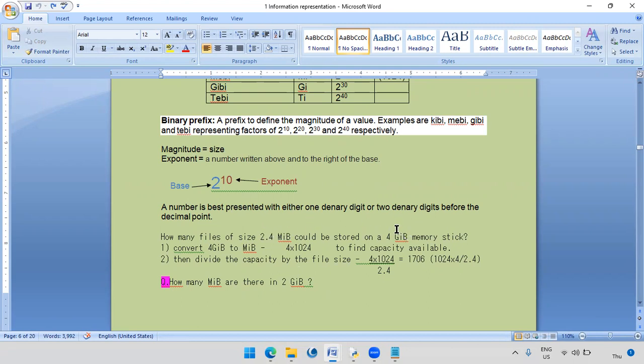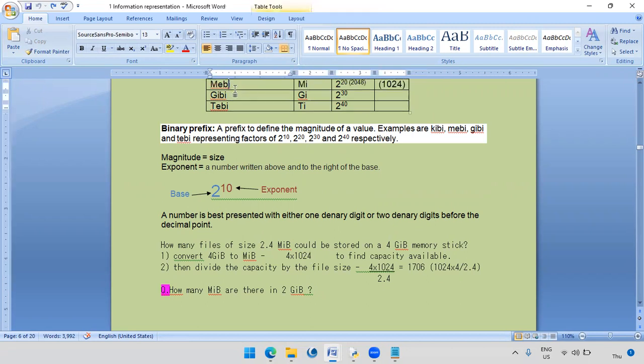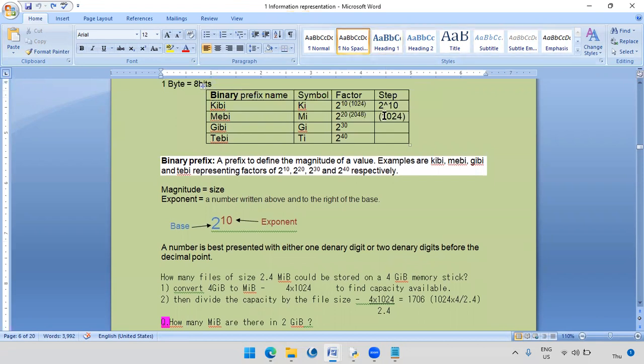So rather than taking megabytes to gigabytes, you always take gigabytes to megabytes. Then it's easier. So convert 4 gigabytes to megabytes: 4 into 1024. Because here you saw each step is 1024 or 2 to the power 10. Bringing gigabytes to megabytes, you have to multiply by 1024. So if there are 4 gigabytes, then 4 into 1024 gives the capacity available. That will give you the memory stick's full capacity.